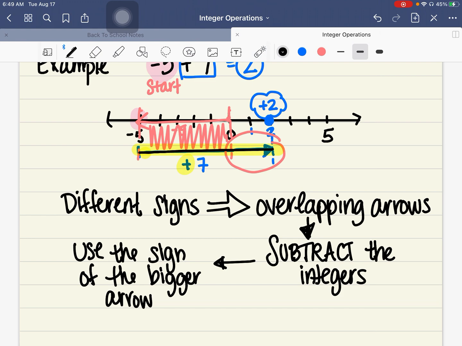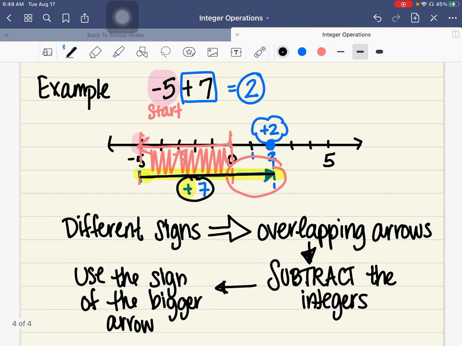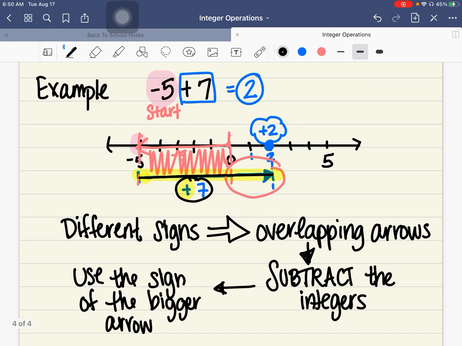So in this problem, that was the positive arrow. So we knew it was going to be a positive 2. All right, so it's kind of the way we want to think about these problems.